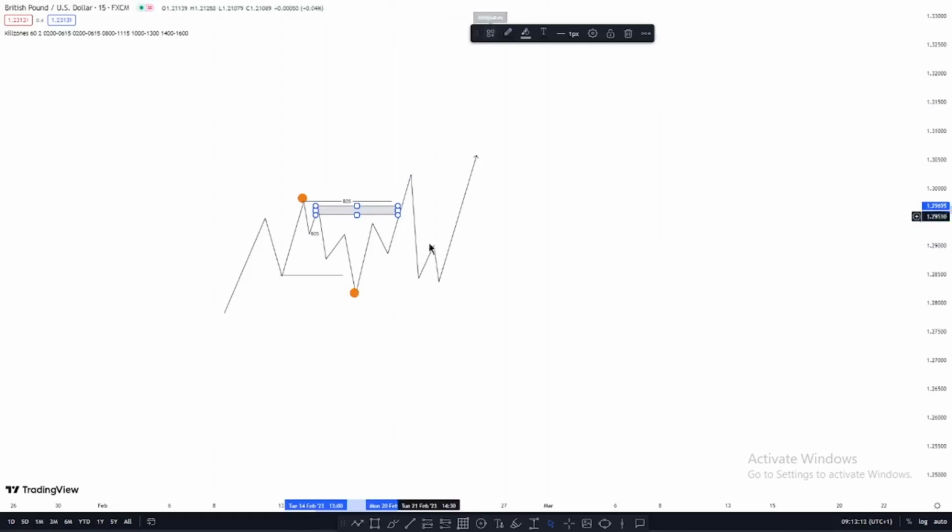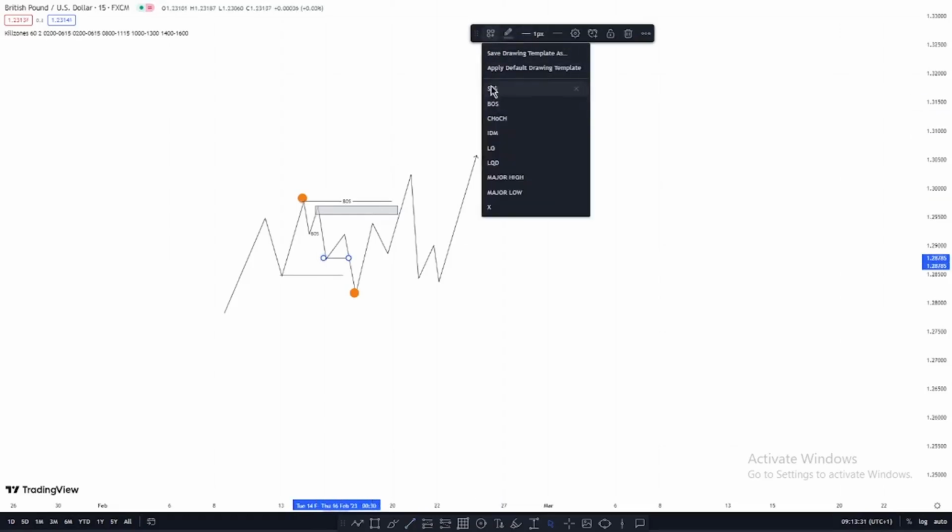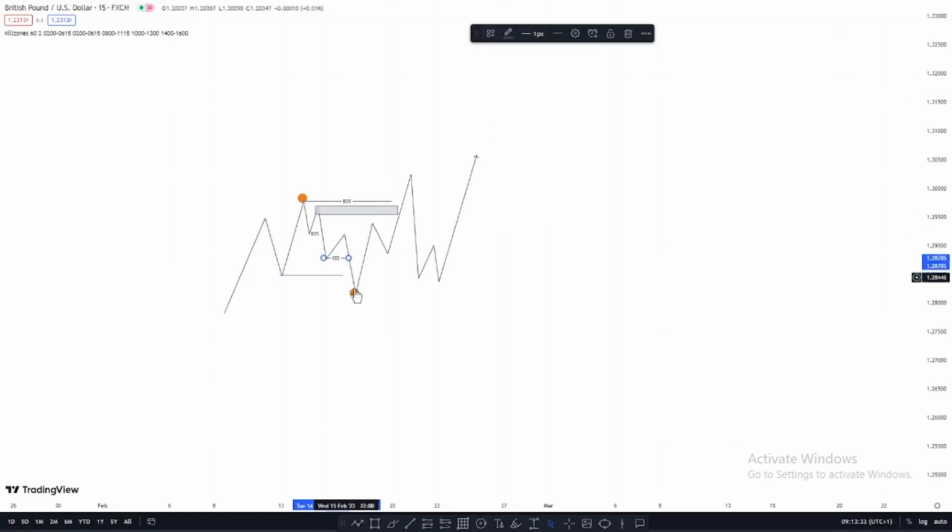Now as price went down again, they saw this again as a break of structure, and this is very, very important for us to understand. This is not a break of structure, guys. When they see that again, they mark it as a BOS, that price has taken out structure from there.